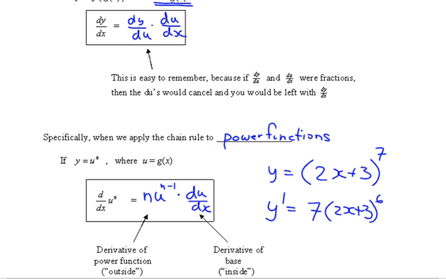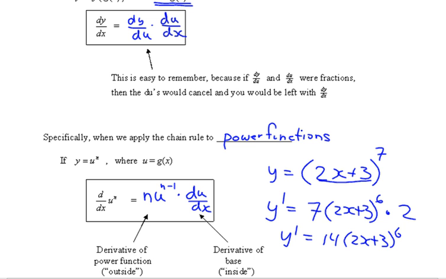You must follow it with the derivative of the bracketed expression, which is your u. So what's the derivative of 2x plus 3? 2. The result for y prime would be 14 (2x plus 3) to the 6th. So that's a good illustration of how you do the power rule with a u function.